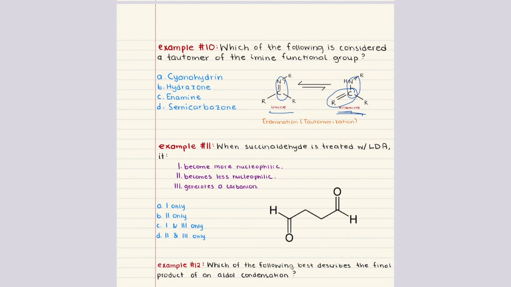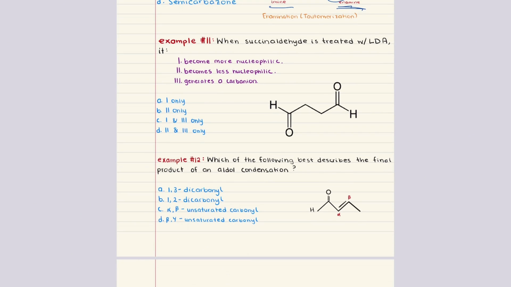This process involves shifting a proton from the alpha carbon to the nitrogen and moving the double bond from the carbon-nitrogen double bond to a carbon-carbon double bond. So structurally, imines and enamines differ only in the location of a double bond and the proton, and that makes them tautomers of each other. Therefore, the correct answer for problem 10 is C.